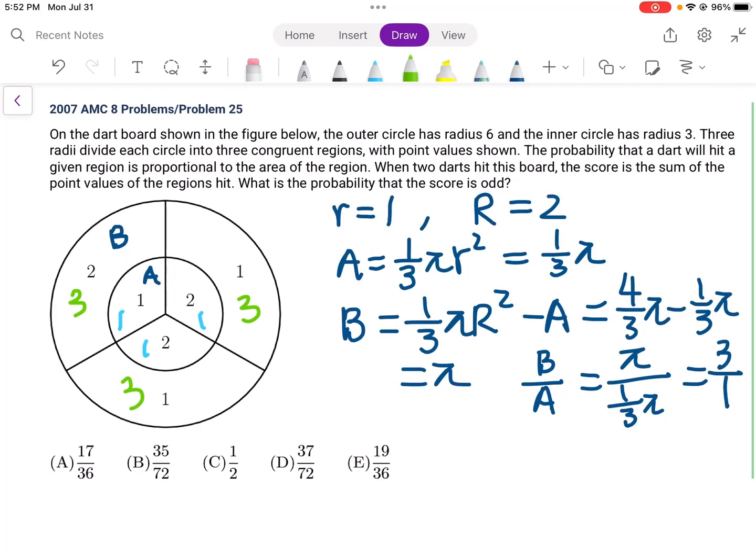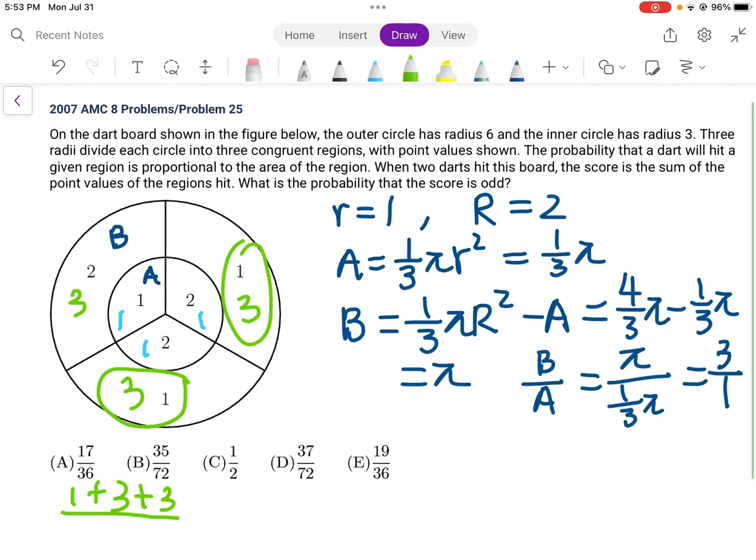Now let's assume the first dart gets to 1, then that's 1 in the inner circle plus the 2 threes, the area between the outer circle and the inner circle, divided by the total area, which is 3 threes and 3 ones.